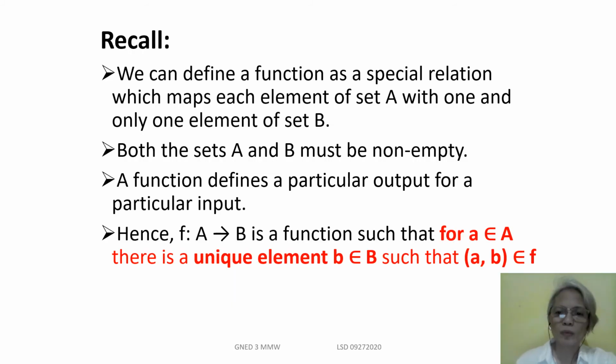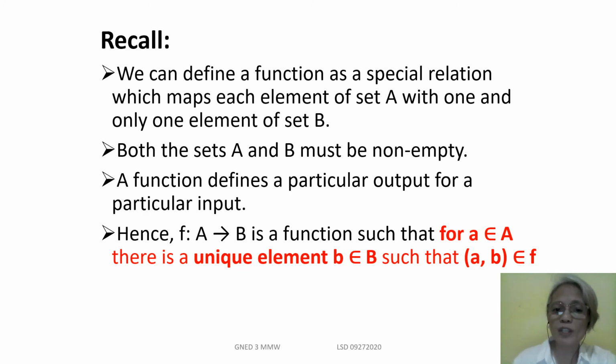Alright, so recall that we can define a function as a special relation which maps each element of set A with one and only one element of set B. Both sets A and B must be non-empty, and a function defines a particular output for a particular input.